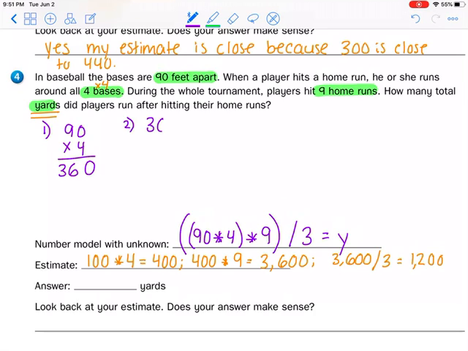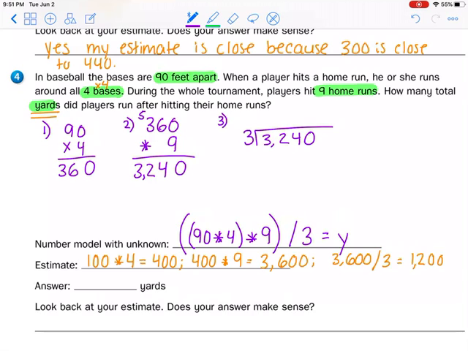So number 2, take that 360 feet and multiply it by how many home runs they hit, which is 9. 9 times 0 is 0. 9 times 6 is 54. 9 times 3 is 27, plus 5 is 32. So when you run around all of the bases and you hit 9 home runs, you are running 3,240 feet.